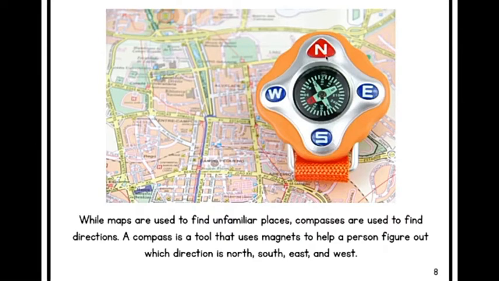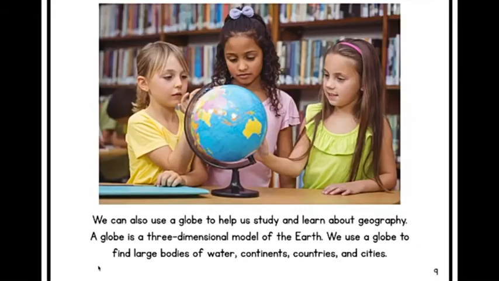So on a compass, we still have the compass rose. We have north, east, south, and west. But this in the middle moves, and as you move around, it moves to tell you which direction you are facing. So you'll notice this N right here is facing this way, so it's telling you that this direction is north. So you would have to turn around until the red ends match up so you know which way you're facing in the right direction.